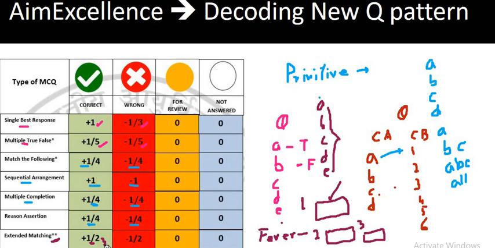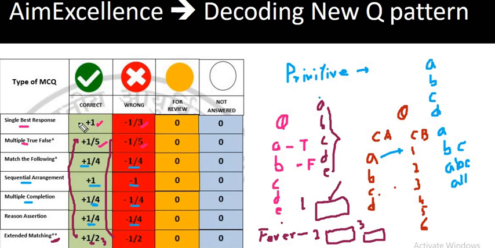And if you are not marking it, you are going to get 0. One thing you have to importantly see: for each and every option of the last 6, if you are marking it correct, then you are getting 100%. Also, if you are marking it wrong, you are going to get -100%. So that is one thing you have to be very cautious about.